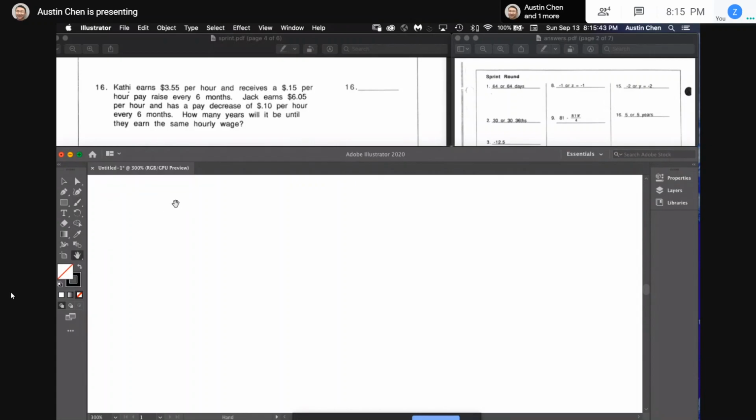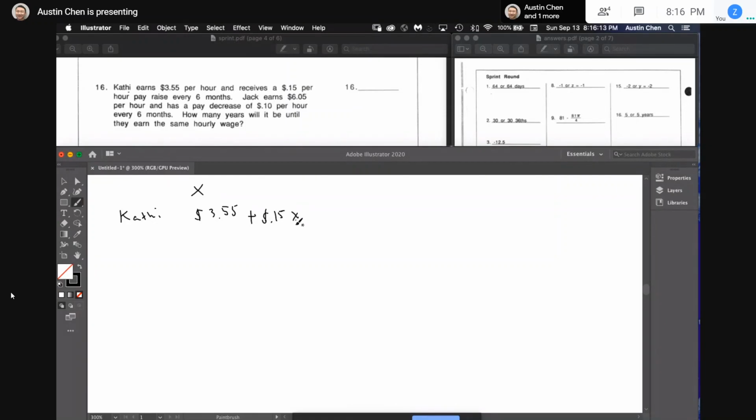So let's just say every 6 months we denote it as a one increase in x. So if a year has gone by, x will equal 2. With that, we can model Kathy's earnings per hour as her initial $3.55 per hour, and then an increase of 15 cents per 6 months.